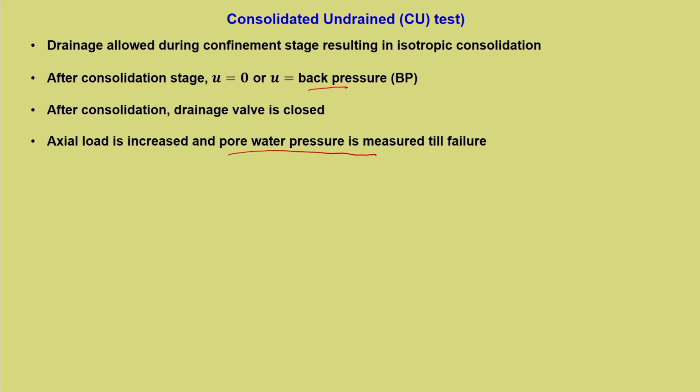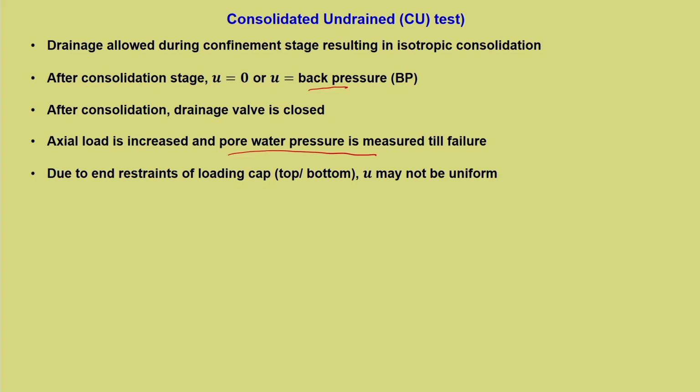Now, you can see here in the CU test, it is invariably necessary to obtain the pore water pressure. Only if you know the pore water pressure, you can give the shear strength, or you can represent the stress-strain in terms of effective stress. And here it is extremely important that we have the effective stress strength parameters, because that is more relevant.